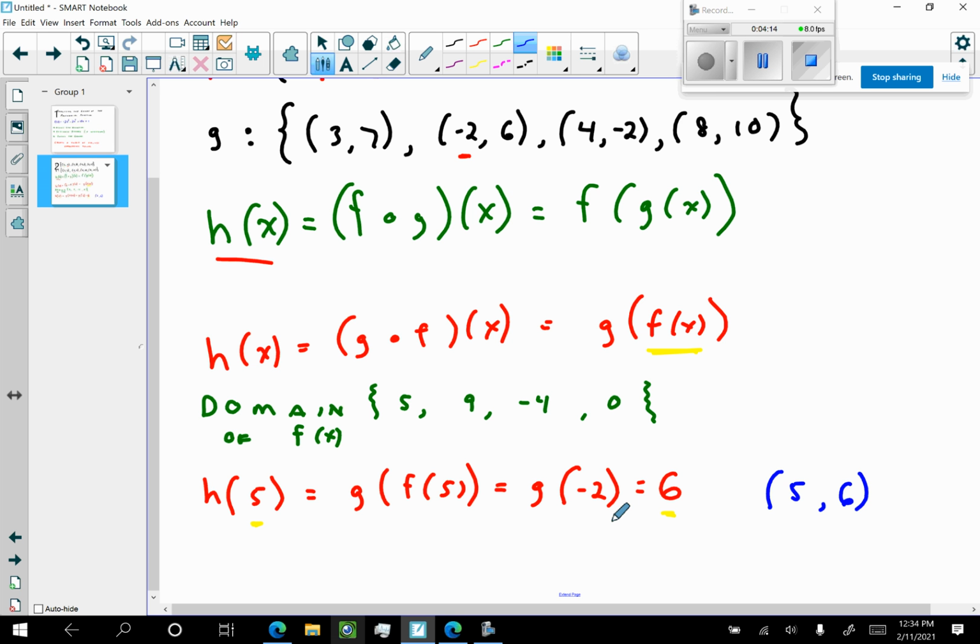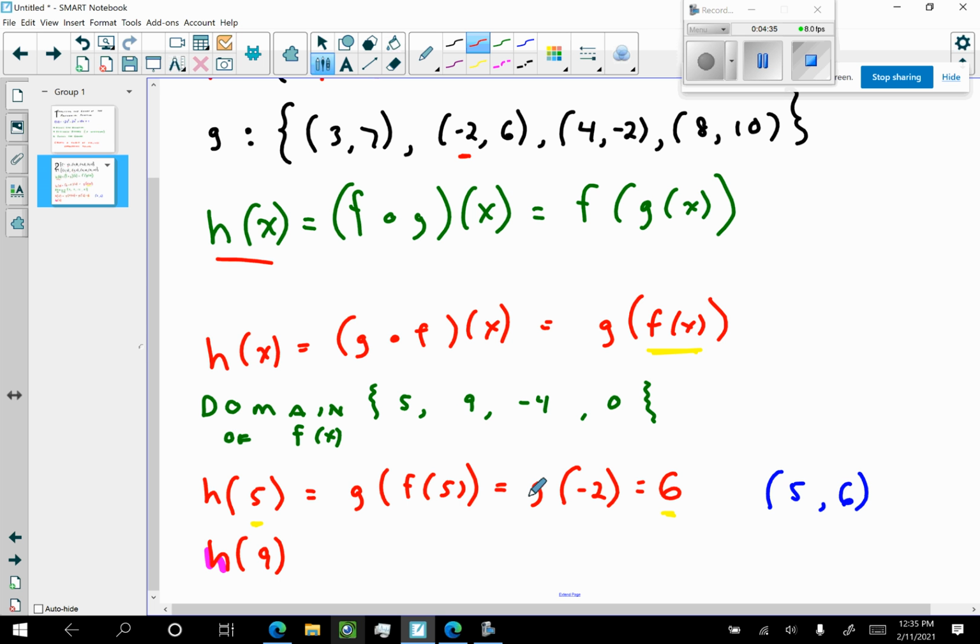So now I'm going to find, there's possibly another one. I'm going to find h of the second input for the domain, which is 9.